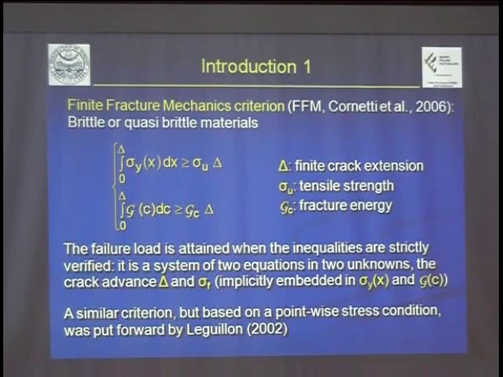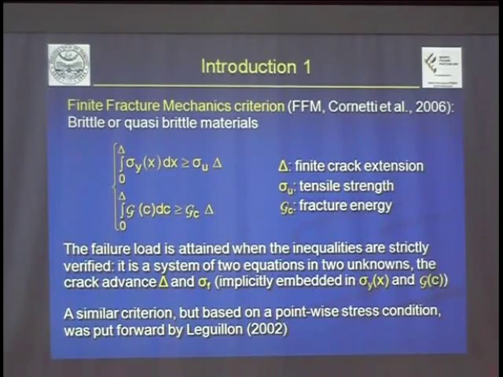The first condition requires that the average stress upon a crack advance delta must be higher than the material tensile strength sigma u, while the second condition requires that the energy available for a crack advance, for a crack increment delta, must be higher than the fracture energy Gc. So the failure load is attained when the inequality is strictly verified, so when they are replaced by two equations.